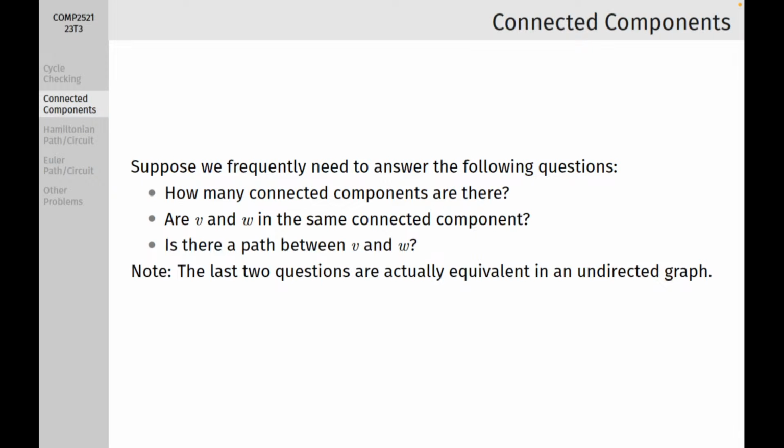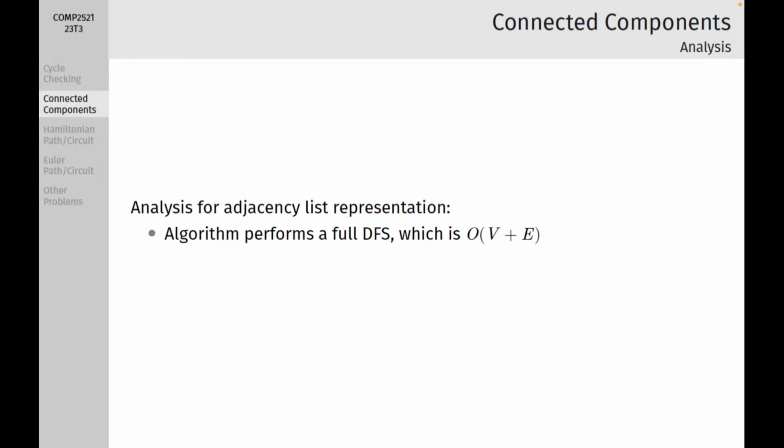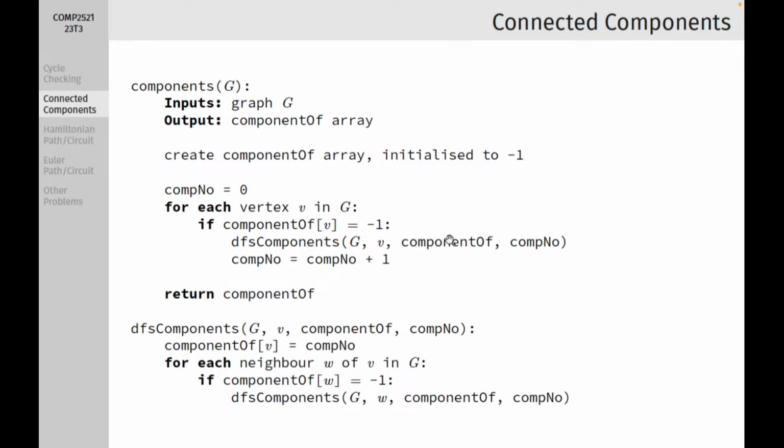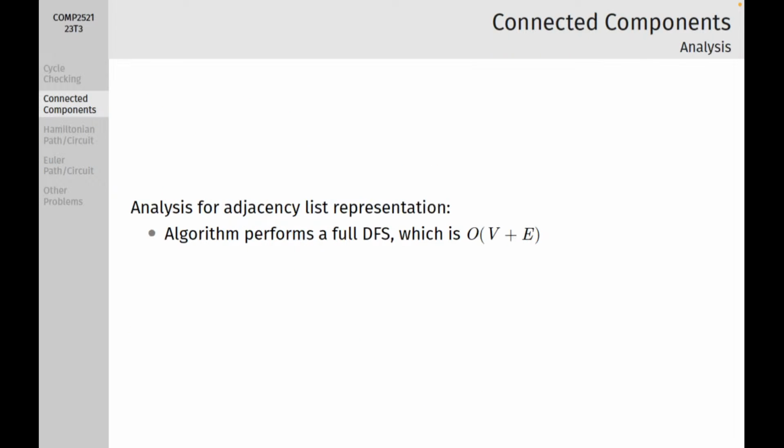So if we frequently need to answer these questions, we don't want to run our components algorithm fully each time, because this algorithm runs in O(V + E) time, which could be expensive.